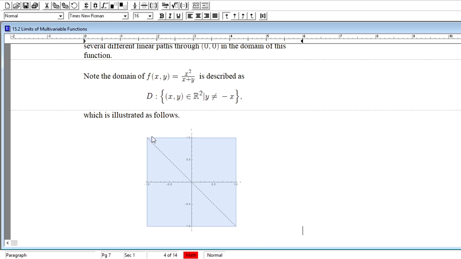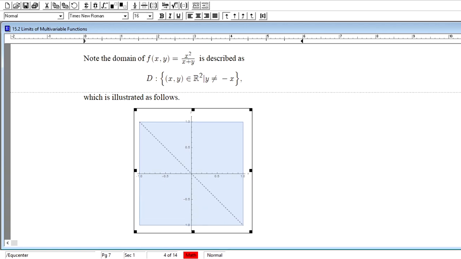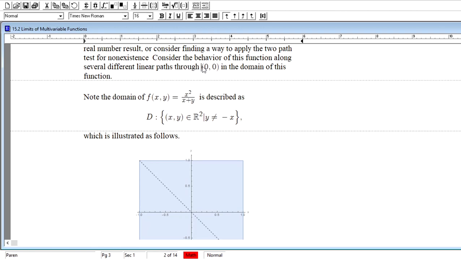What we might say is the reflection of our line y equals x in this space. Furthermore, if we look at where we're approaching, we are approaching in our limit the coordinate (0, 0).